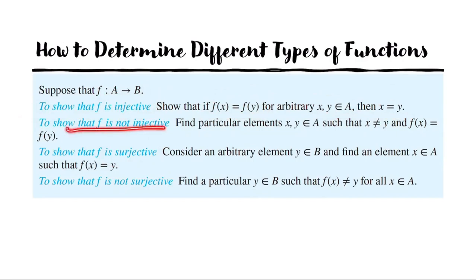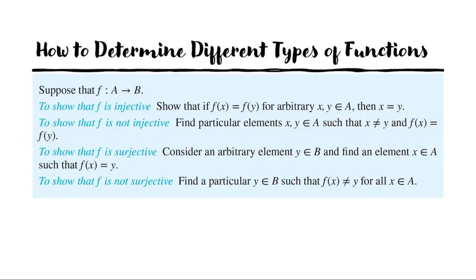Now, to show that f is not injective, you need to find particular elements x and y where x is not equal to y, but f of x equals f of y. So you need to find two inputs that are not the same, but their outputs are the same. If you find multiple inputs that give the same output, then you show that your function is not injective.